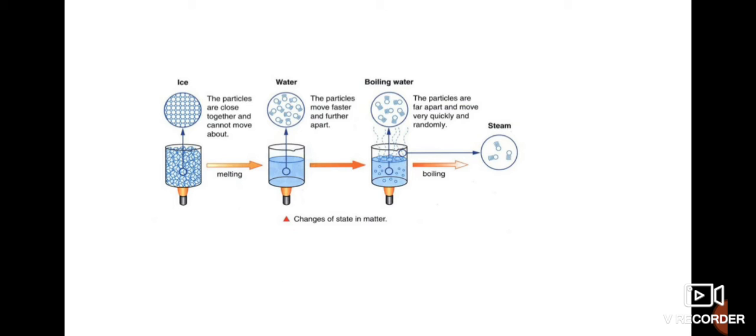So the particles will move faster. Similarly, when this water is heated more, that is, we go for the process of boiling, the particles will gain more kinetic energy, the intermolecular force of attraction will decrease, and the space will keep on increasing. Thus, it will get converted into steam.